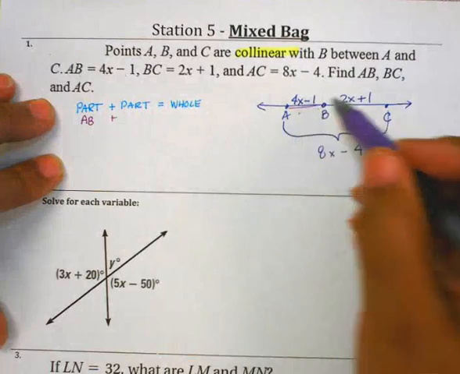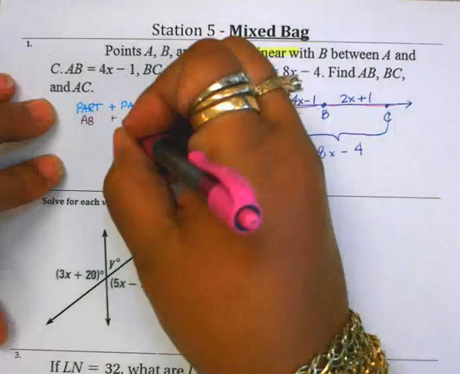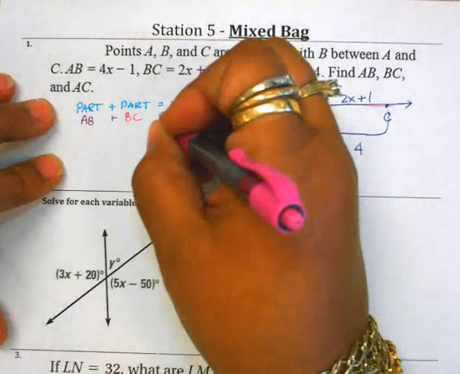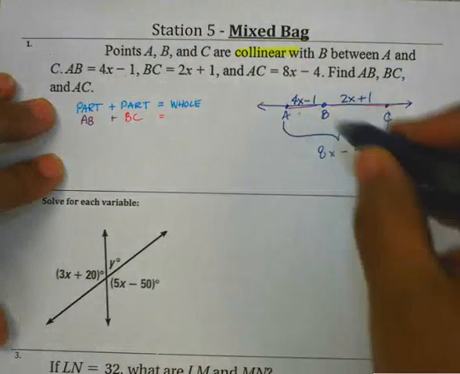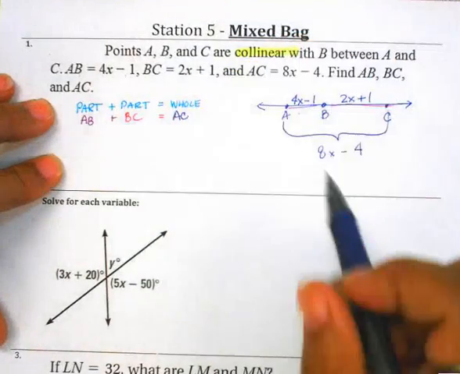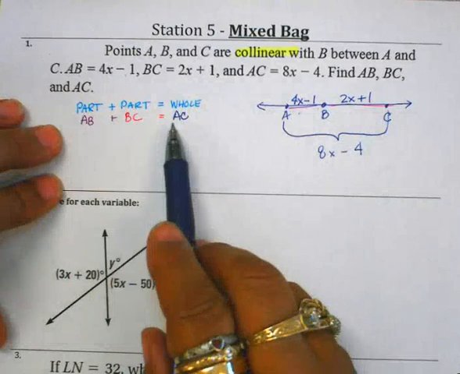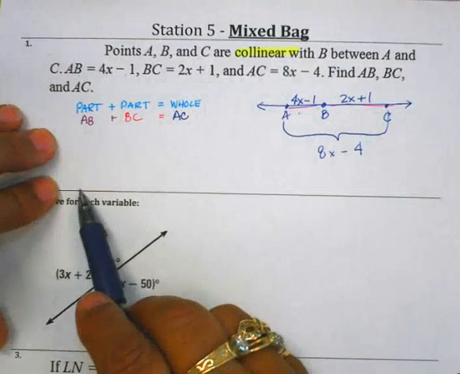Okay. My second part is BC. And my whole is AC. Now that matches up with my picture perfectly. That's the diagram. This is the equation. Now let's substitute in our values.